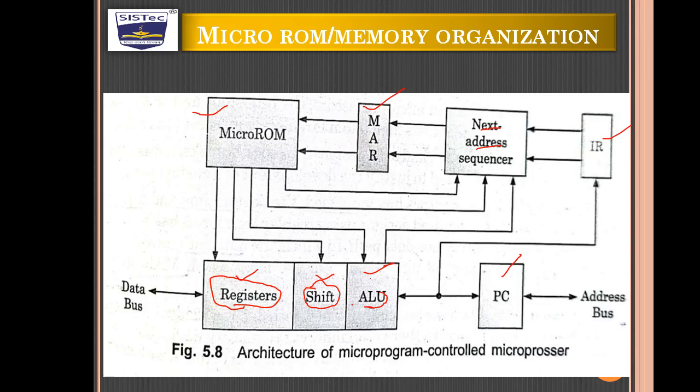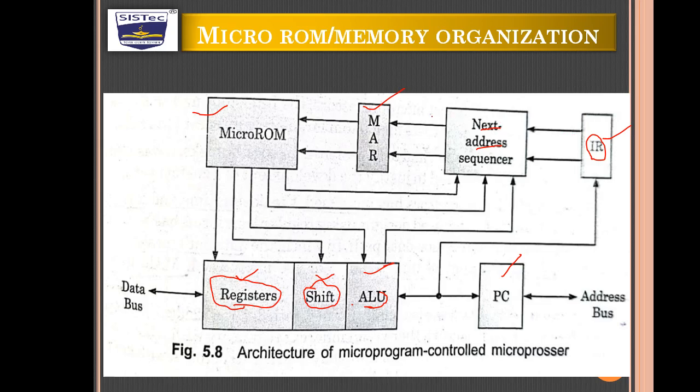The program counter is incremented or decremented by 1 when it executes instructions from memory. The instruction register indicates whatever operation is to be performed, and it sends the proper sequence for the next instruction to the next address sequencer.